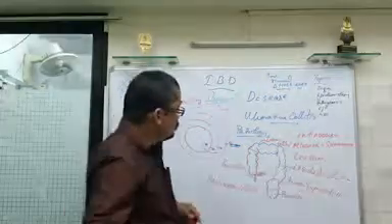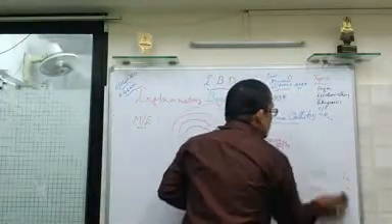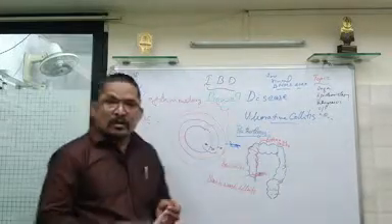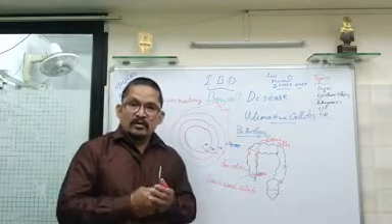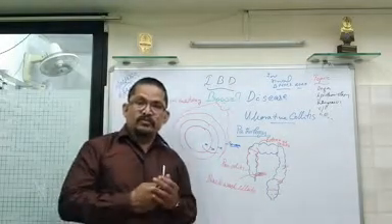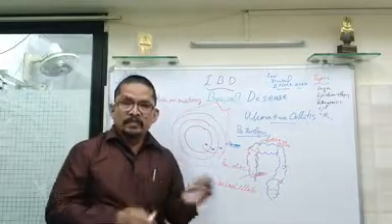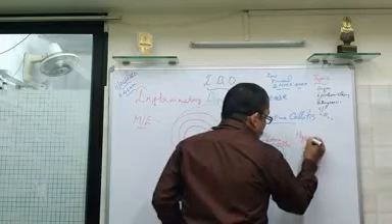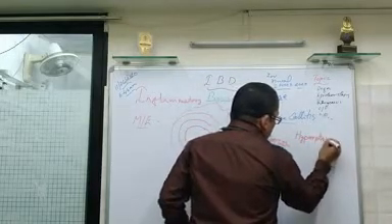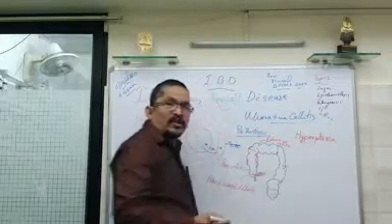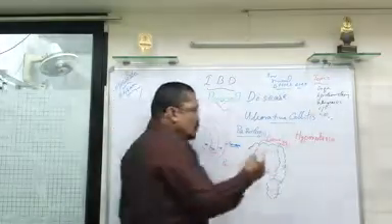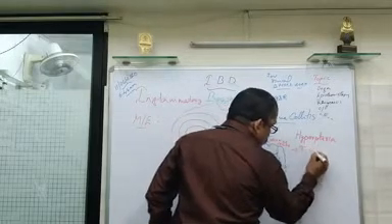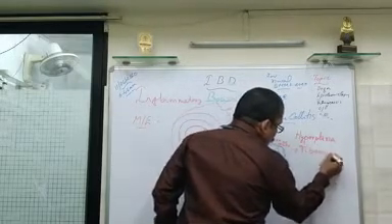So in long-standing or uncontrolled cases of ulcerative colitis, you can see hyperplasia of the cells, and finally fibrosis.